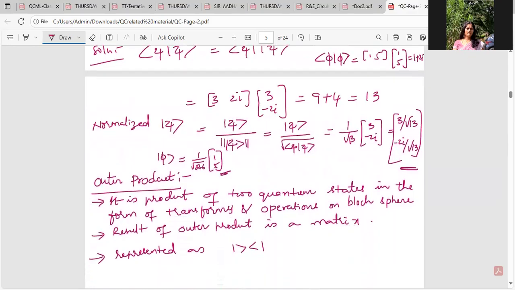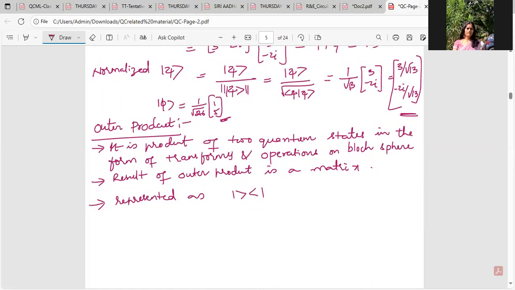So, how do I write it? It's just the opposite, like how I'm writing my dual. If the ket is like this, then its dual would be the opposite of it. Of course, if it would have been like this, then its dual would be something like this. So obviously, notation with the outer product also, because one is inner, the other is outer. Things are like that only.